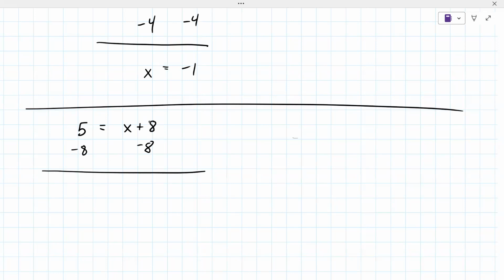So you subtract them. You put the larger and you subtract the smaller to get your final answer. So 8 subtract 5 would be 3, and the answer is -3. Now it's a preference to put the variable on the left.